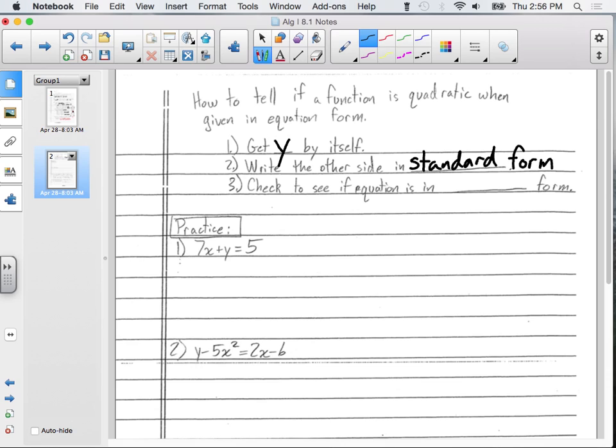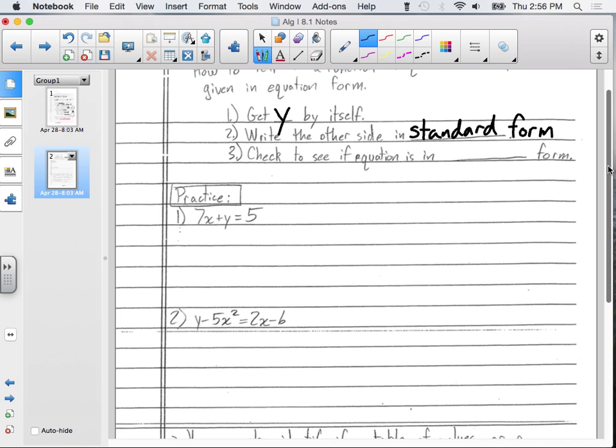But just in general, standard form is greatest degree at the front to the least degree. So we just got to get it greatest degree to least degree. And once we do that, we check to see if it is in quadratic standard form. So that's when we check for ax squared plus bx plus c form.